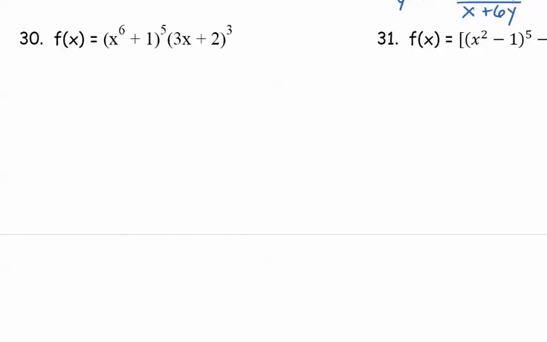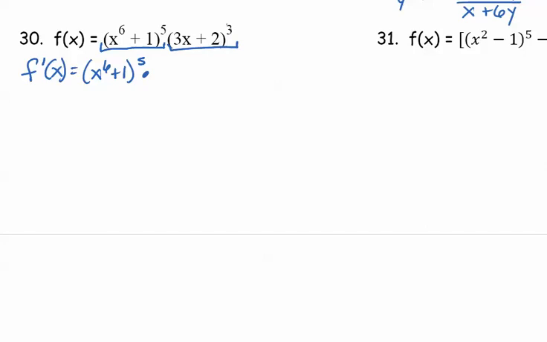Here we've got a product rule that requires a chain rule inside, and then a bunch of terms will be part of our GCF. So this I'm thinking of as our first function and this as our second. So our product rule says take the first function as it is and multiply by the derivative of the second part.